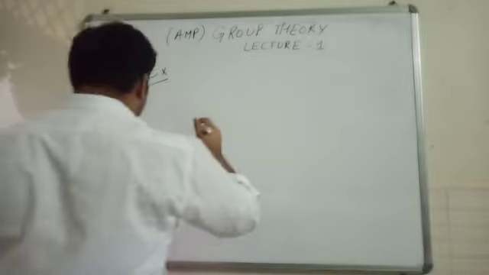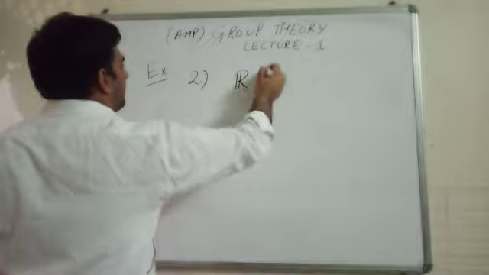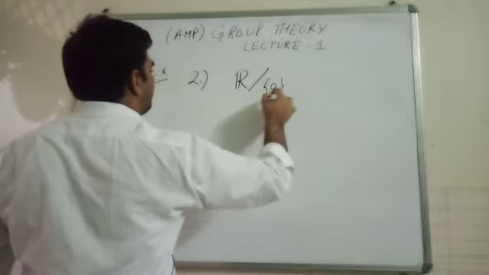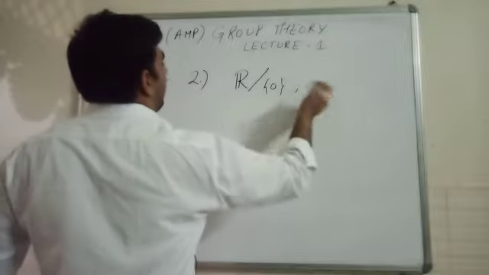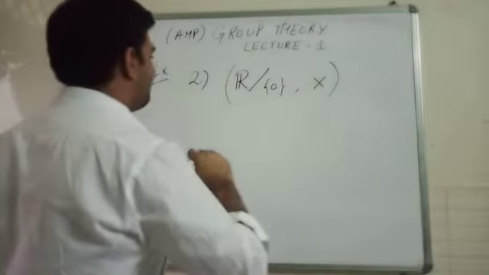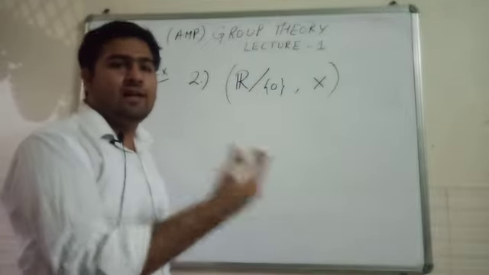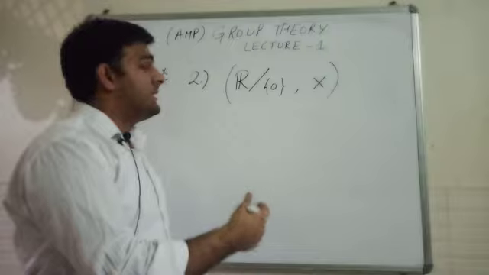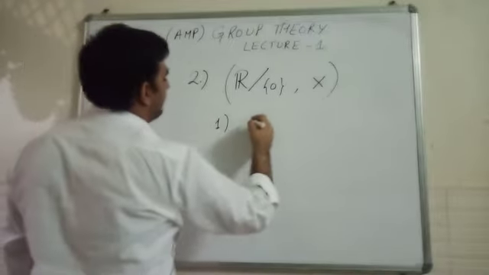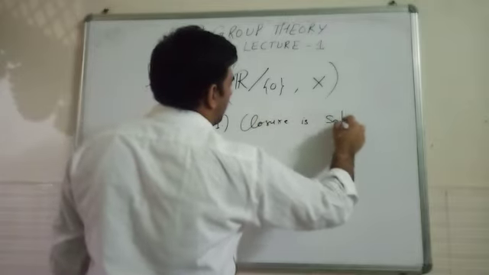Example 2: real numbers, but I just exclude the 0. And that's a group with respect to multiplication. So first of all, the closure property. You know that if you multiply any two real numbers, then it again provides you a real number. So the closure property is clearly satisfied.